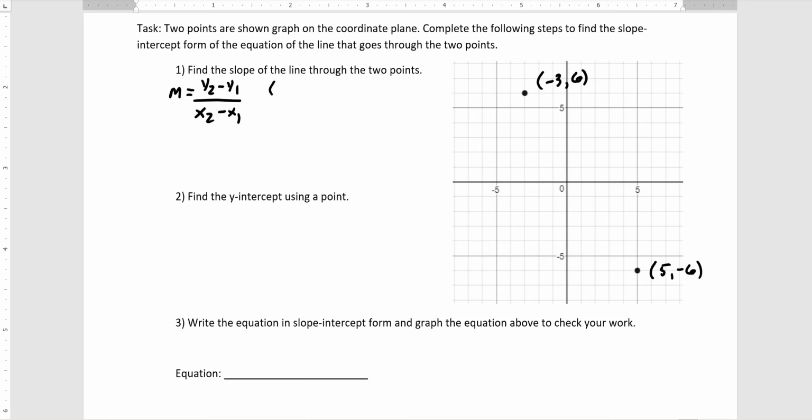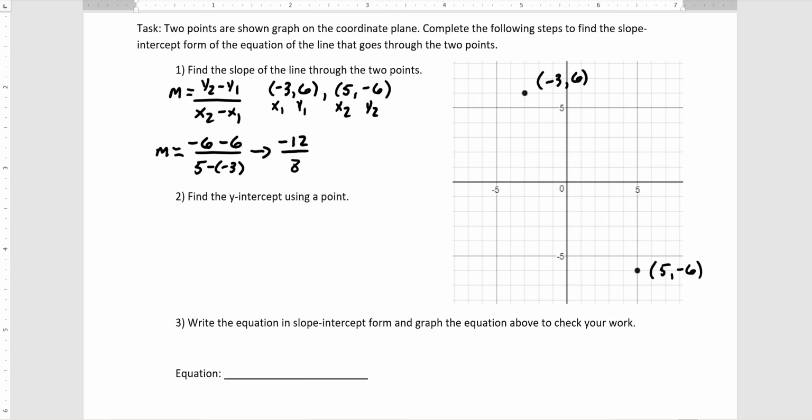So this is our x1, y1, and this is x2, y2, and we plug in these values. m equals -6 minus 6 over 5 minus -3. -6 minus 6 becomes -12, and 5 minus -3 becomes 5 plus 3, which is 8.